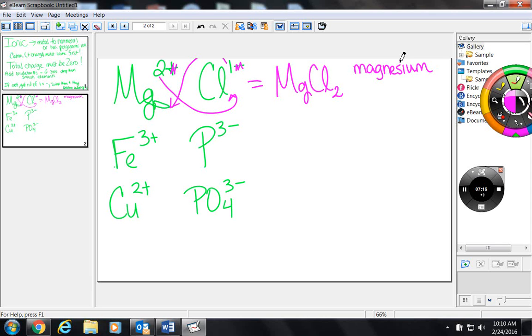If it's on the periodic table and it's an anion, meaning it's negative, I take off the INE and put IDE. Or I take off the UR or the OUS for sulfur or phosphorus and I put on IDE. So if it is on my periodic table, I take off the ending and put on IDE.